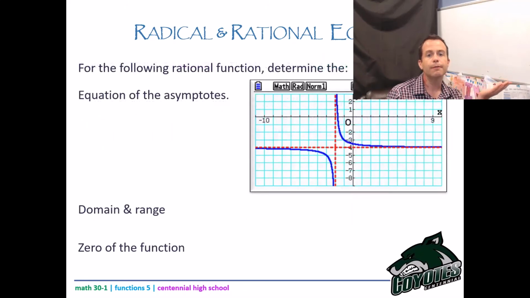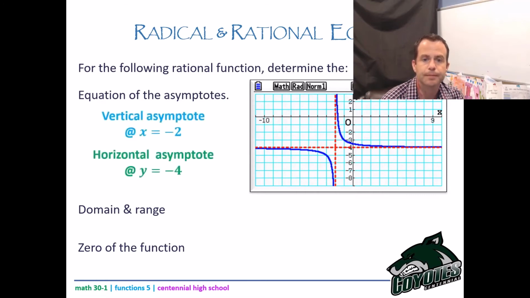Okay, for the following rational function, determine the equation of the asymptotes, the domain and range, and the zero of the function. So I can see I have a vertical asymptote at x equals negative 2. I have a horizontal asymptote at y equals negative 4. My domain then would be x is a member of the reals, but it can't be negative 2.